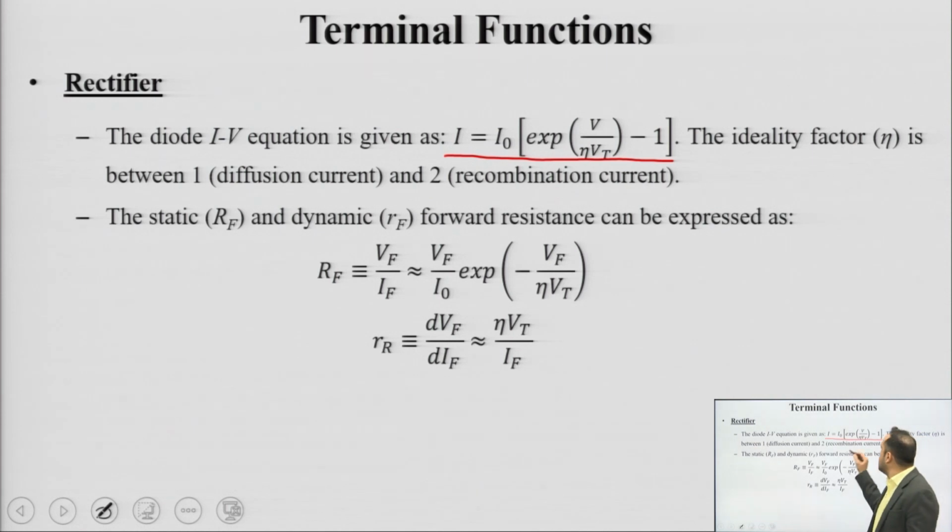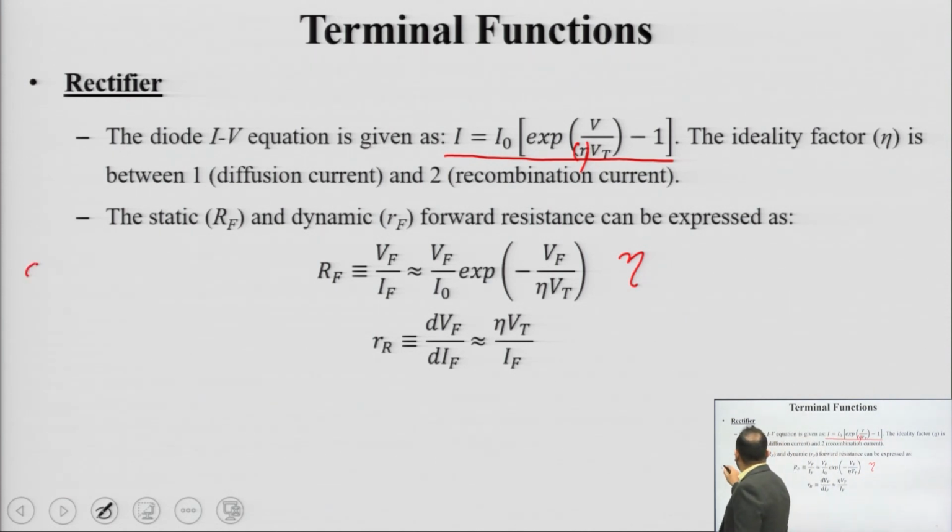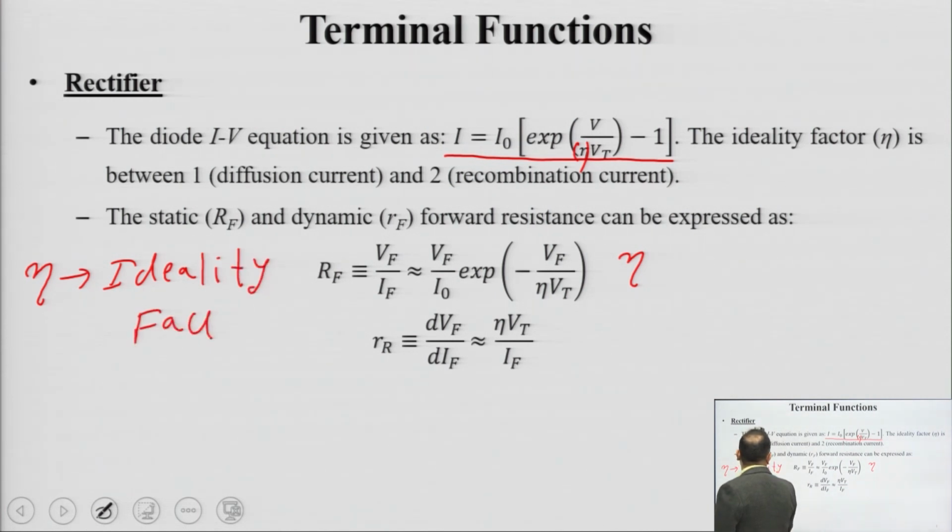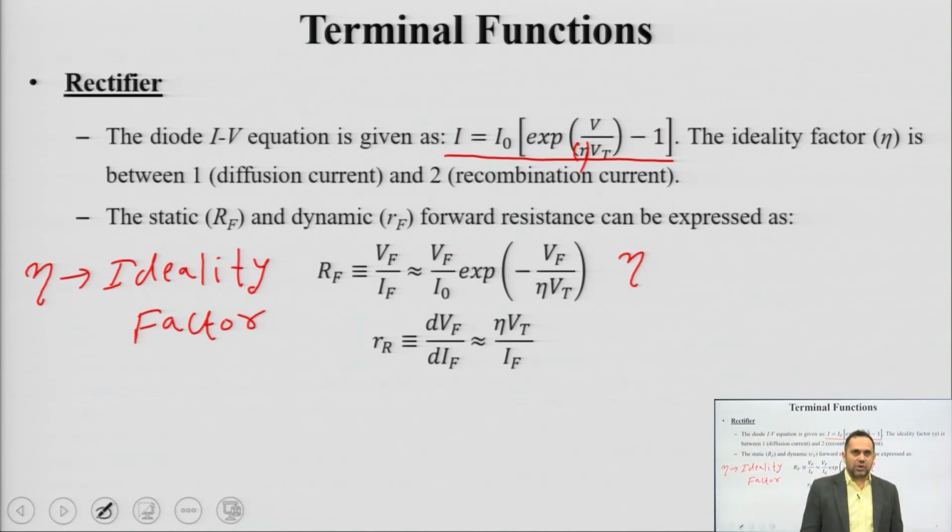This term eta might be new to you. Eta in this IV characteristic is known as ideality factor. This factor basically measures how close the IV characteristic of a practical diode is to its ideal characteristics.